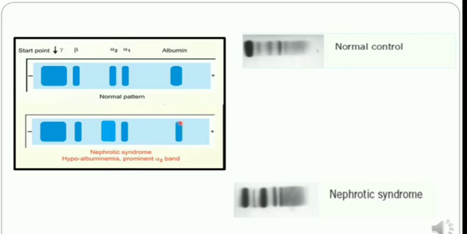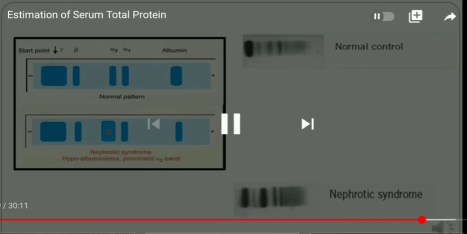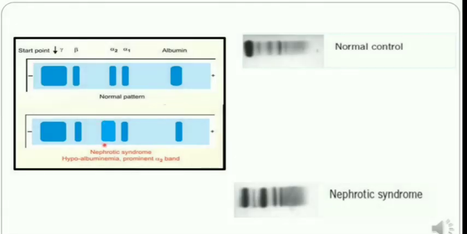Now in order to compensate for this reduced band, the larger protein, which may not be able to pass through the nephrons, that is the alpha 2 fraction, its relative percentage will increase because the body will try to maintain the total protein. So this is what is happening in nephrotic syndrome.